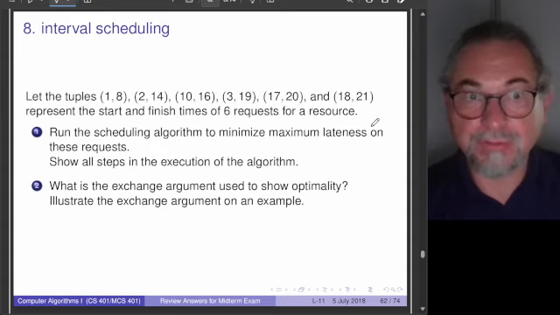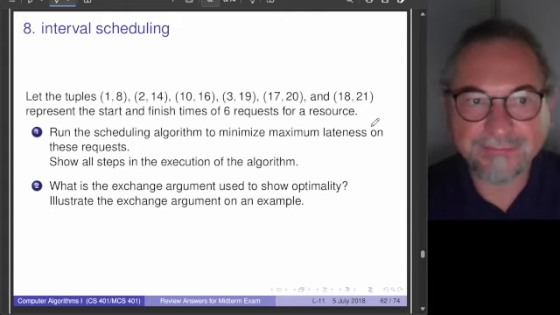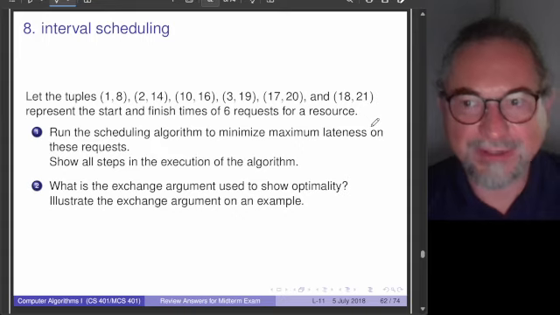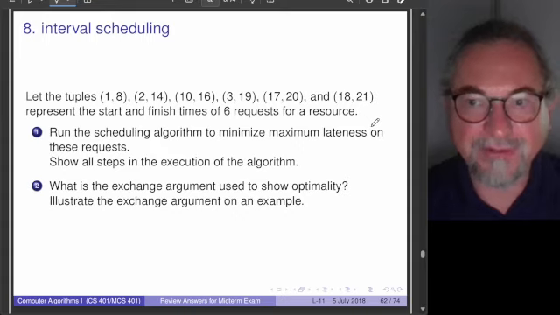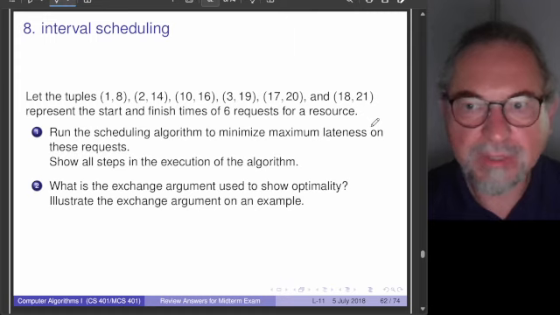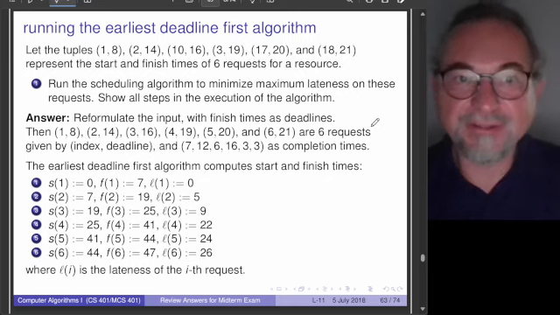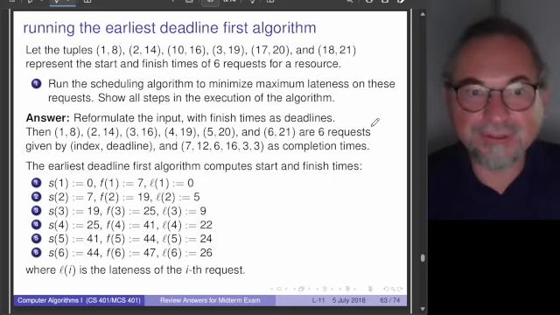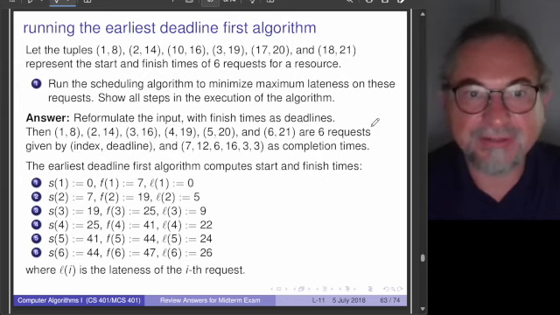Good. So this is the second set of slides. In a more extensive preparation for the midterm exam, you have now looked at the relevant lecture materials and the relevant sections in the textbook. Let's do this. Again, the earliest deadline first algorithm is a very simple algorithm, and you won't get that much credit for actually running it.